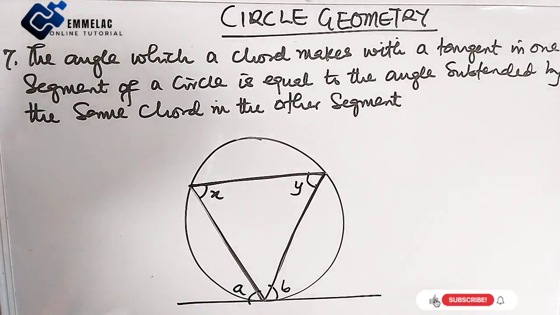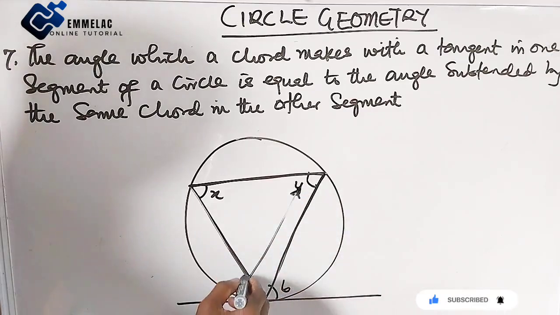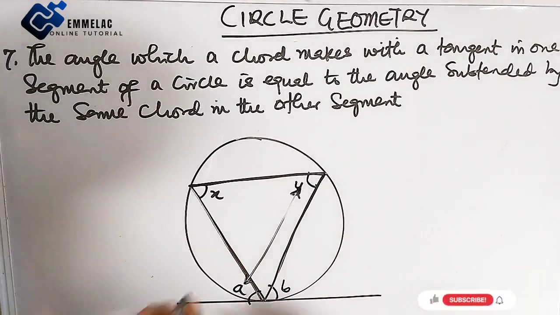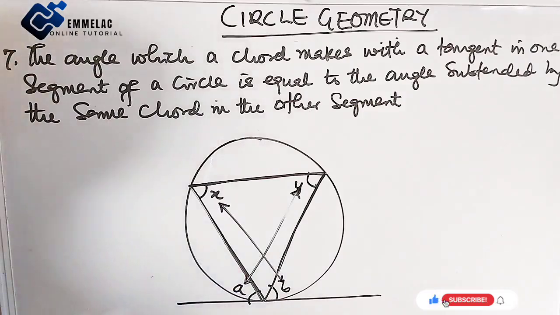So here it also implies that this is equal to this, right? And x here is equal to b.